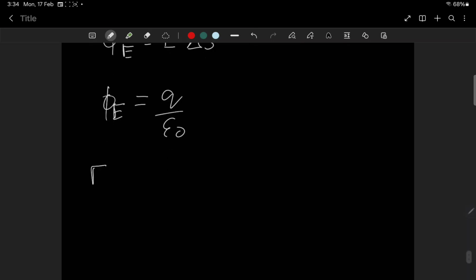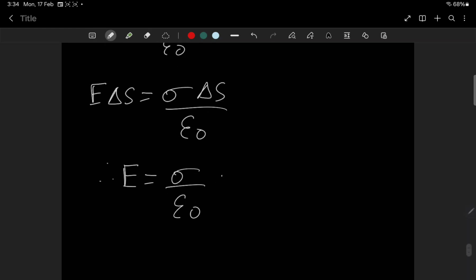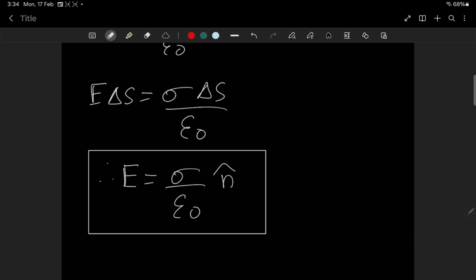That is, E delta S is equal to sigma into delta S by epsilon 0. Therefore, the electric field we get is sigma by epsilon 0 n cap. This is the derivation of the electric field on the surface of a charged conductor.